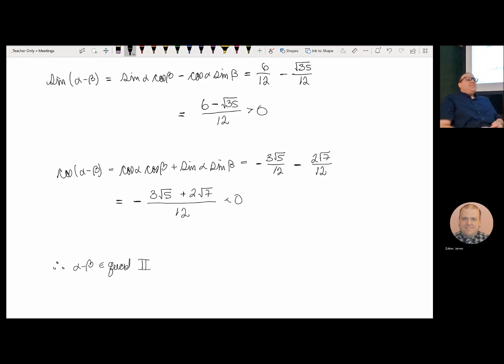Some difference identities. Questions. Getting there now. We can have some real fun with trig.